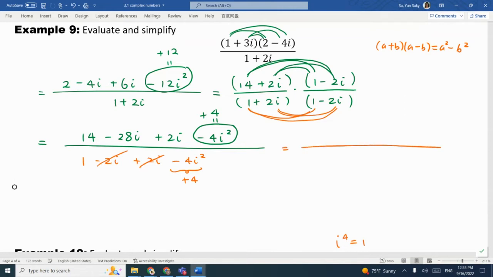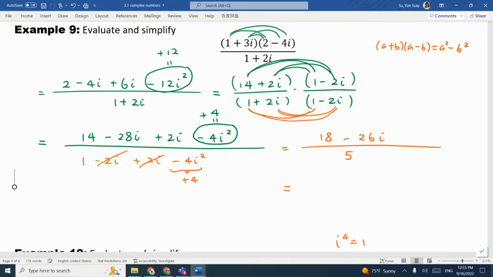All right, let's see. Look at the numerator. Combine the like terms. What's the constant term? Yes, 18. And then how many i? Negative 26i. Very good. How about the denominator? 5.